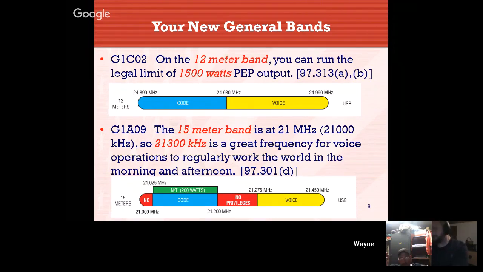And my first DX contact, I was a novice class operator at the time, was on 15 meters. And it happened to be almost completely around on the opposite side of the world from me. I talked to a guy named Roger in New Zealand, and that was about 5 o'clock in the morning.